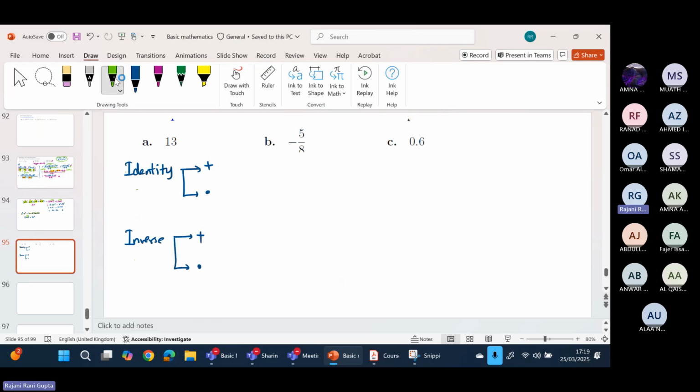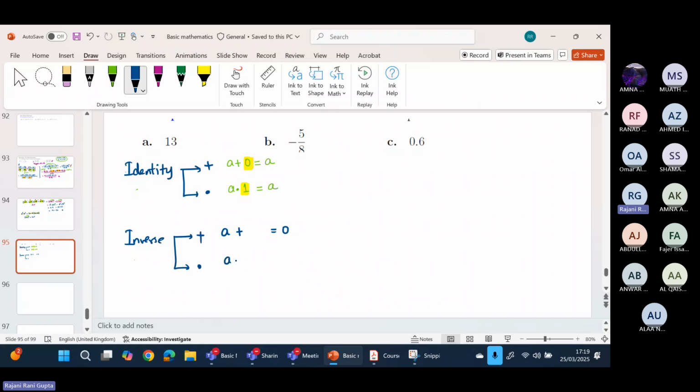When we talk about identity, identity means a number that you add to A so you get A. For multiplication, a number which you multiply to A, you get A. So identity is always 0 for addition, 1 for multiplication. Remember something? For inverse, for A it means you add something to A so that you get 0.